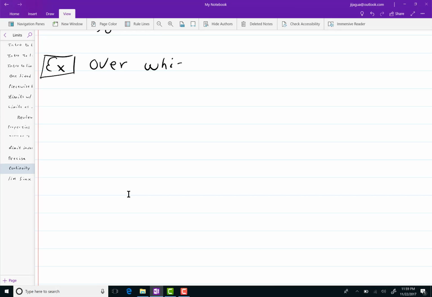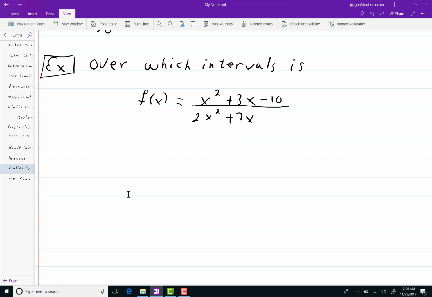Over which intervals is, let's say, f of x equals x squared plus 3x minus 10, that was a 10, not a 16, so let me change that to a 10, over 2x squared plus 7x minus 15, continuous?